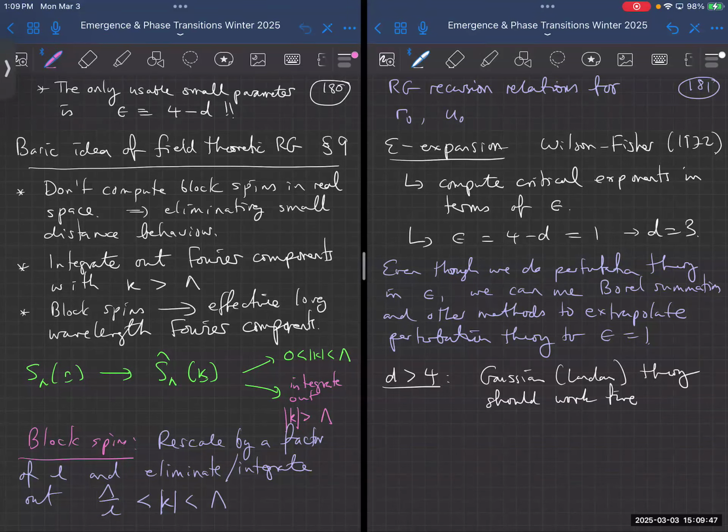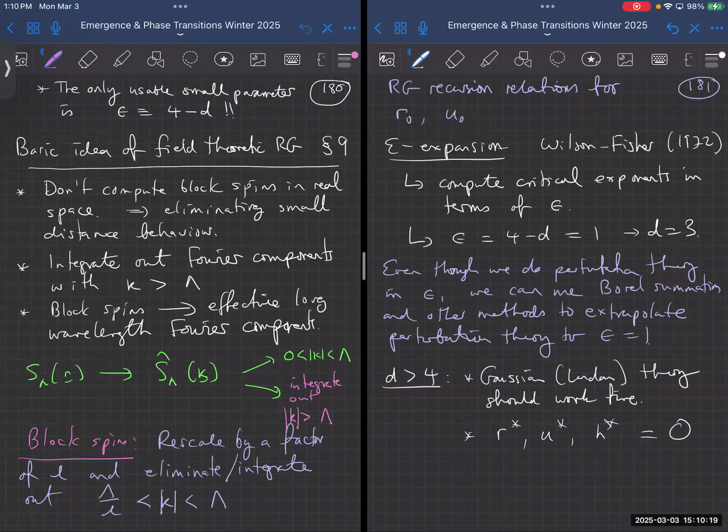And so what we would expect is that we will find that R star, U star, H star, all of those things are actually going to be equal to 0, because by definition, R is proportional to T minus TC. U will go to 0 if you're above 4 dimensions. The external magnetic field must be set to be 0 in order to get a critical point.